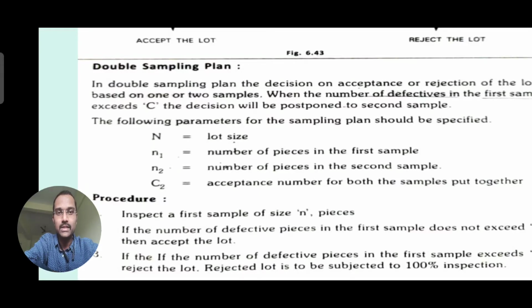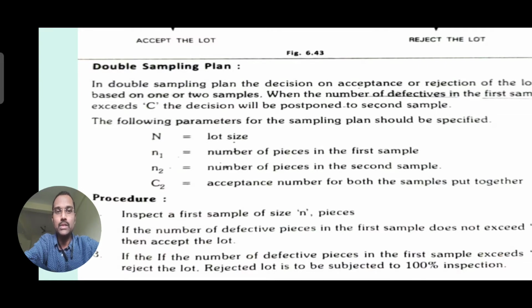It means, for example, in the first sample you get 1 and in the second sample you get 1. The combination of both put together is 2, so you can accept the lot. If the combination exceeds 2, like number of defectives found 3 or 4, then it should be rejected.